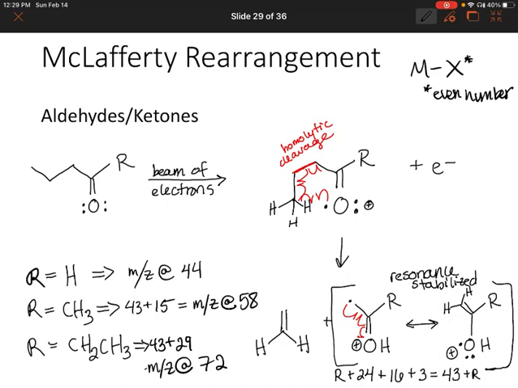Okay, so let's use all of these tools that we now have, and let's go back to problem 3 that we were working on, where we were trying to identify the molecular formula of a compound.